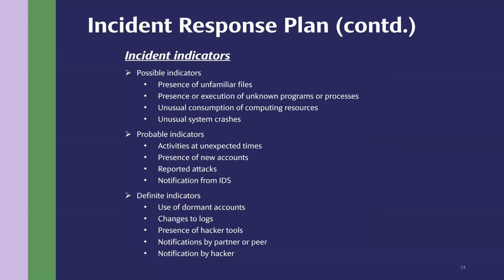For definite indicators, there is use of dormant accounts, changes to the logs, presence of hacker tools, notification by a partner or peer, and notification by the hacker. Definite indicators are very strongly connected to how you can classify attacks as actual or false incidents. You can go through them; they are self-explanatory, so I don't have to explain them in detail. But yes, there are three different kinds of indicators: possible, probable, and definite.